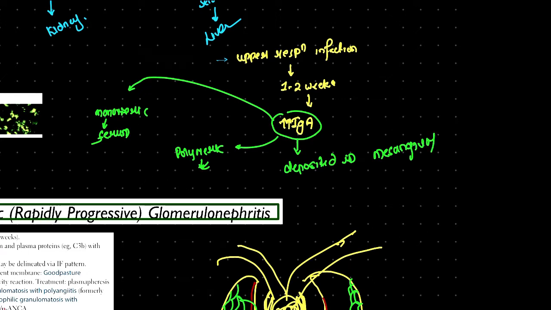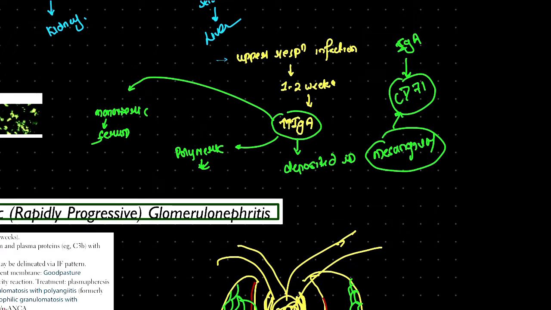Now, why will it be deposited in the mesangium? Because on the surface of our mesangial cell, there is CD71, and this CD71 acts as a receptor for attachment of IgA.